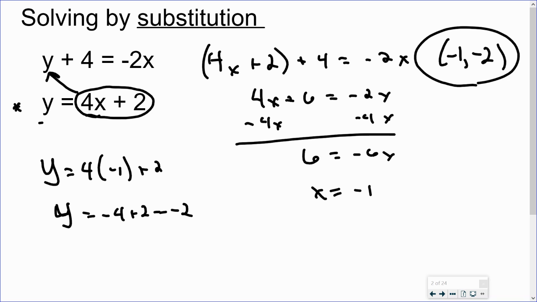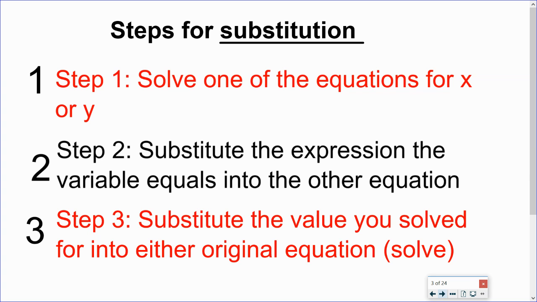All right, another nice easy one. So maybe we could have graphed this just as easily, but that's not always the case. So now when I substitute, the first step is I want to solve one of the two equations for either x or y. Actually, I'll even go further. I'd like for one of the two equations to be solved for either x or y.